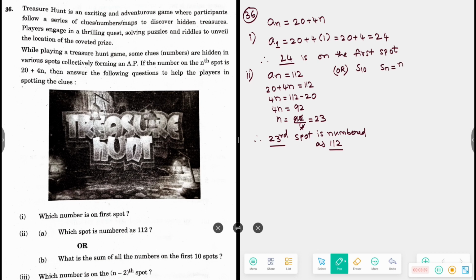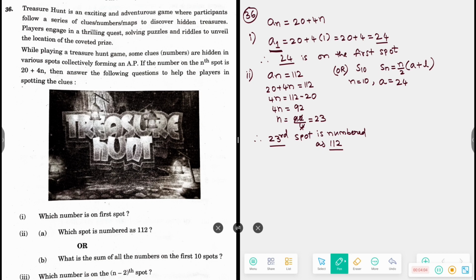There are two formulae we use here, n by 2 into a plus l, because it is simple. Here, n is equal to 10 we know, because we want numbers on the first 10 spots. And a we already know: a1 is 24, so a is 24.